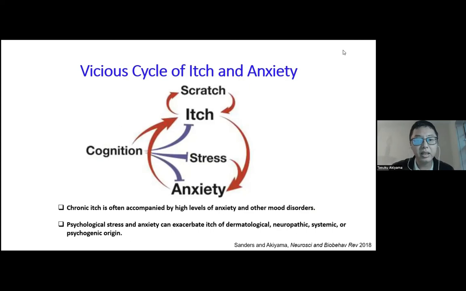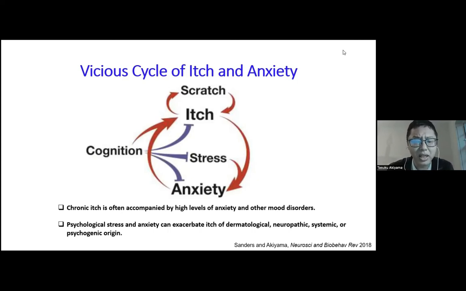Under the chronic itch condition, there is the itch-scratch cycle, especially in atopic dermatitis patients. When they feel itchy, they scratch, and scratching causes skin damage, which causes inflammation, and inflammation enhances the itch, and the enhanced itch again induces scratching, and so there's the itch-scratch cycle.